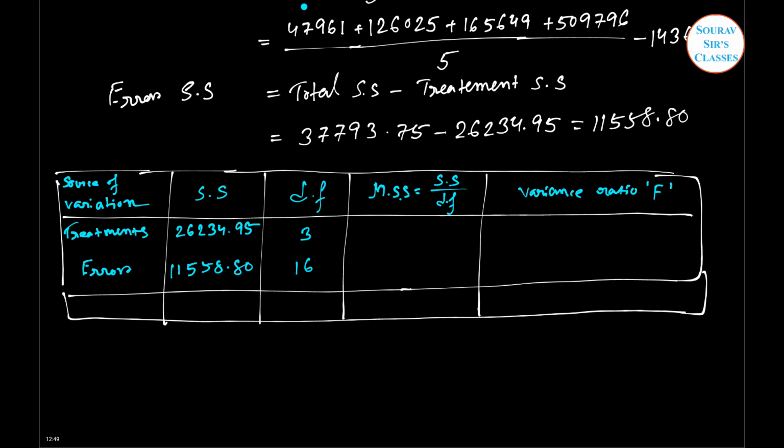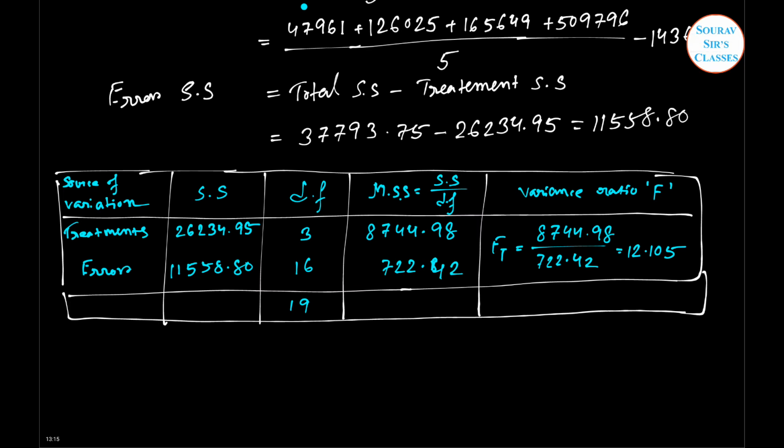Here the DFs are 3 and 16. MSS are 8744.98 and 722.42. Ft equals 8744.98 by 722.42 equals 12.105. Total DF is 19, and total SS is 37793.75.